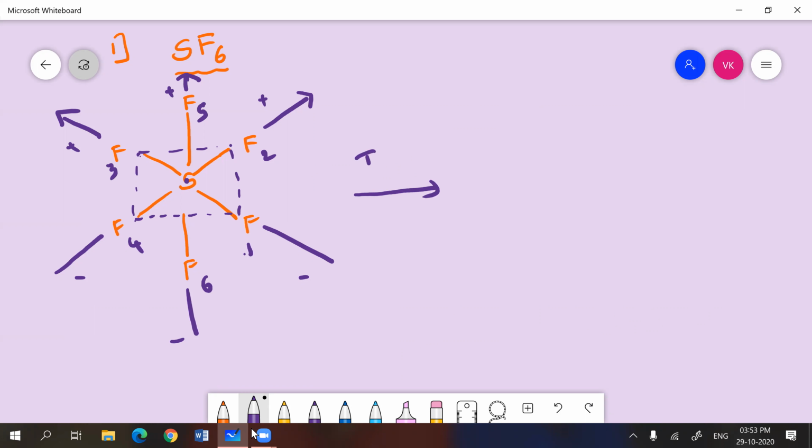So here it is, inversion through the center of gravity. Then what happens? What molecule are we going to get?